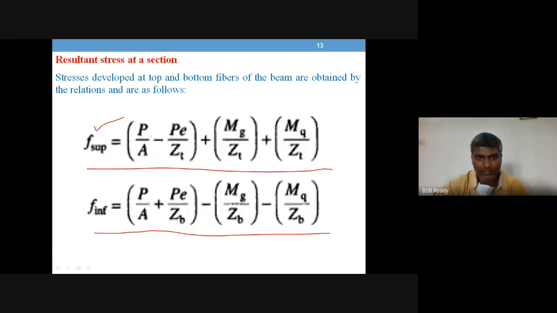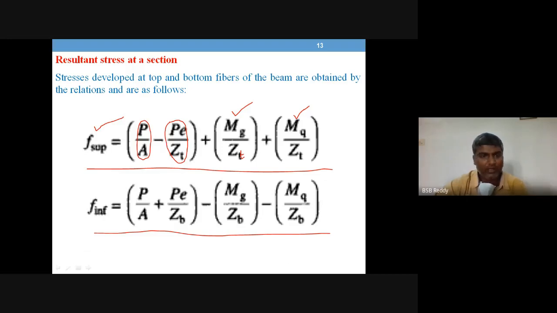To calculate it, you need the value of direct stress, P by A, and bending stress Pe by Zt due to prestress, Mg by Zt from dead load, Mq by Zt from live load. So this is the stress at top. Hence you can see it is Zt.